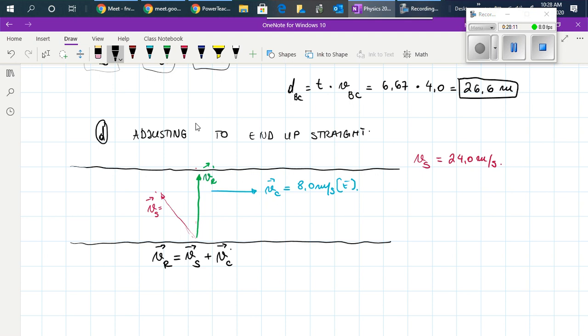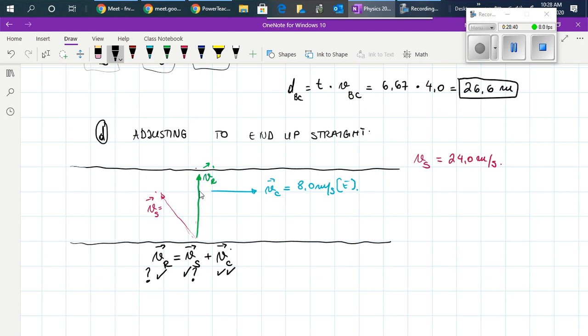On this vector relationship, for the resultant velocity we don't know the magnitude, but we do know the direction. For the swimmer, we do know the magnitude, but we don't know the direction. And for the current, we know both.